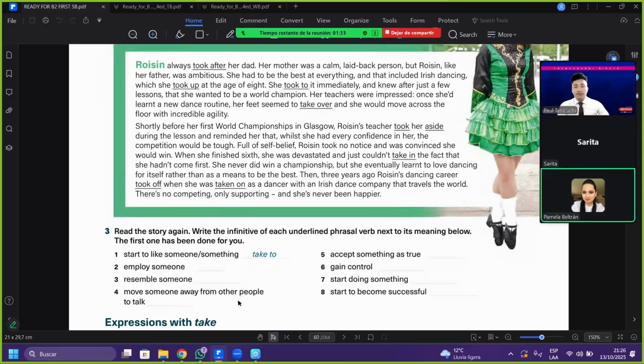Number 4, to move someone away from other people to talk. What do you think this phrase is?